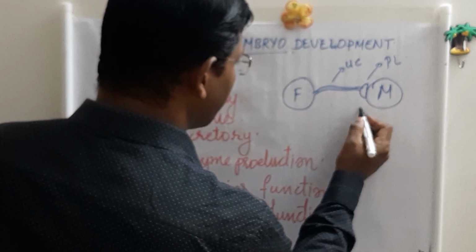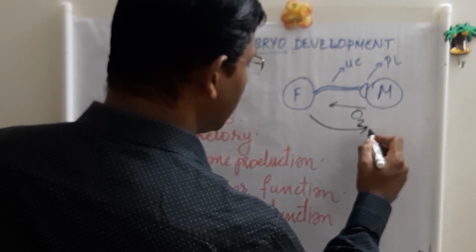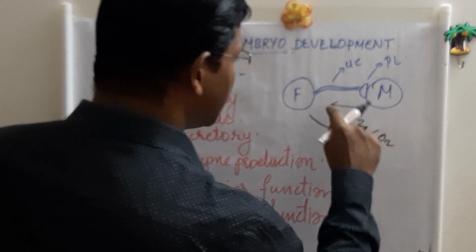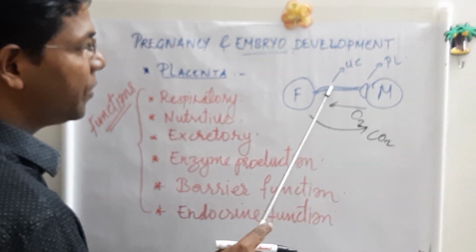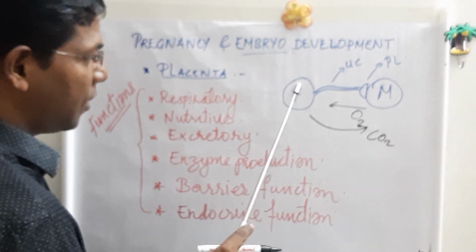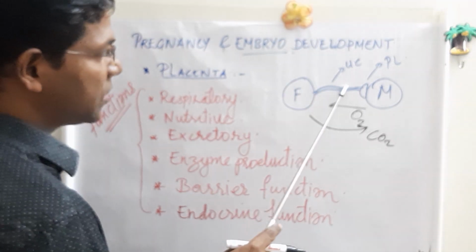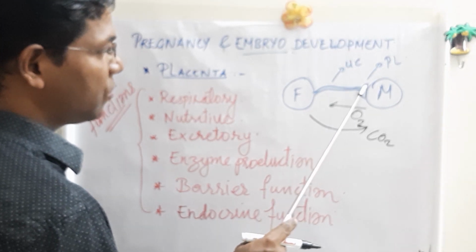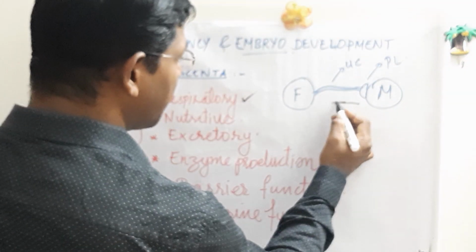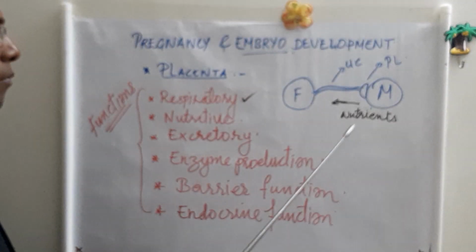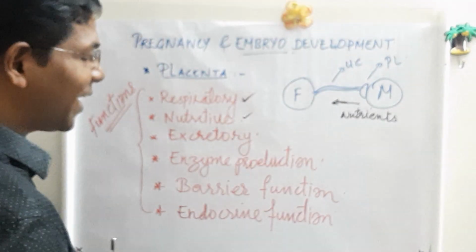That means the mother will provide oxygen to the fetus, and the fetus will release carbon dioxide to the maternal blood. Maternal blood will bring oxygen to the fetus, and the carbon dioxide formed here will be collected through the umbilical cord and sent through the placenta to the maternal blood. So that is the respiratory function. Nutrients are provided from the mother's blood to the fetus. Nutritive in function.